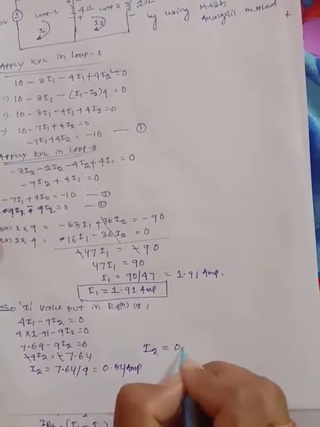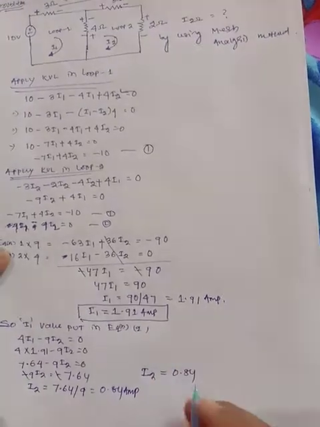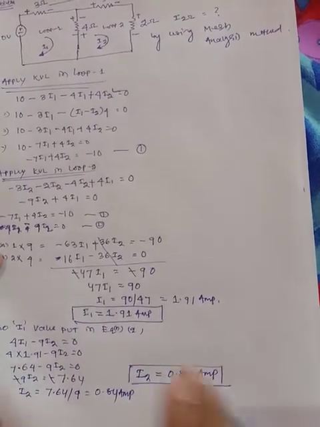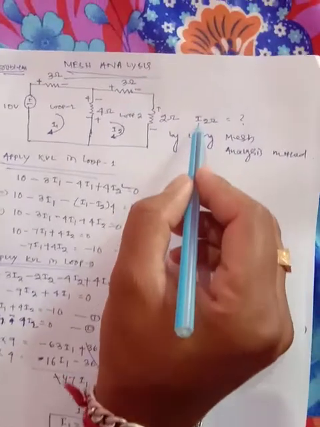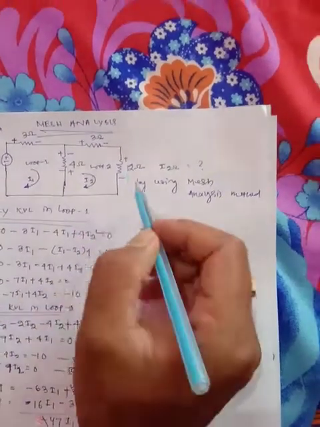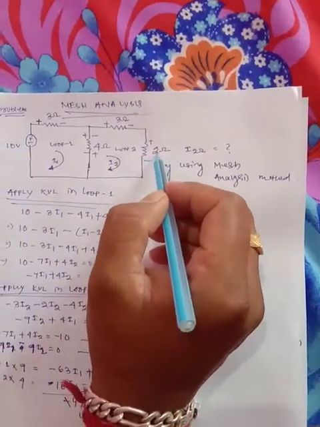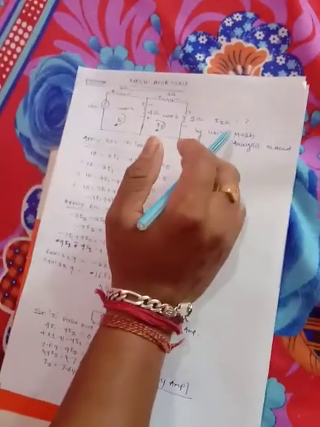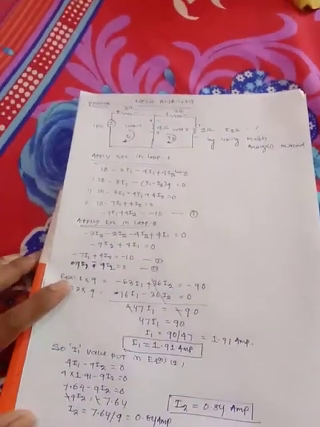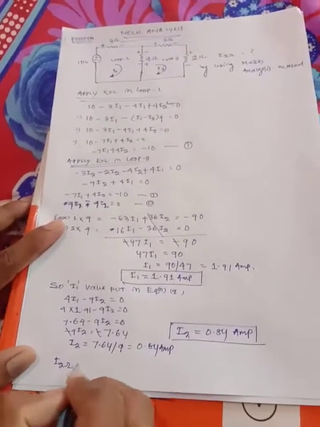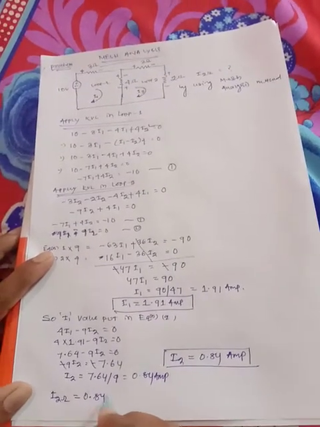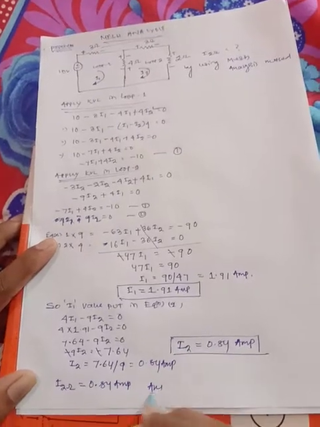So the question is to find the current across the 2 ohm resistance. Here the current flowing through the 2 ohm resistance is the I2 current, so I 2 ohm equals I2 current, 0.84 ampere is your answer.